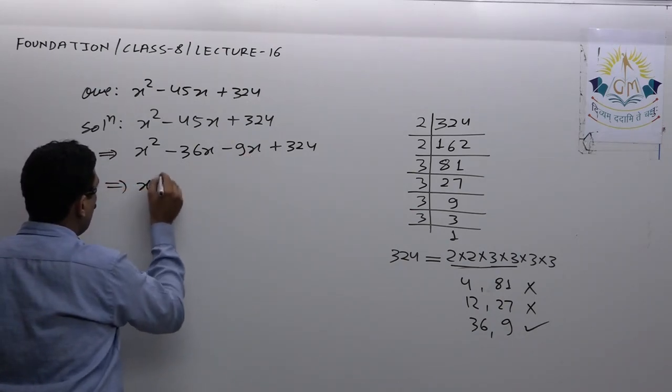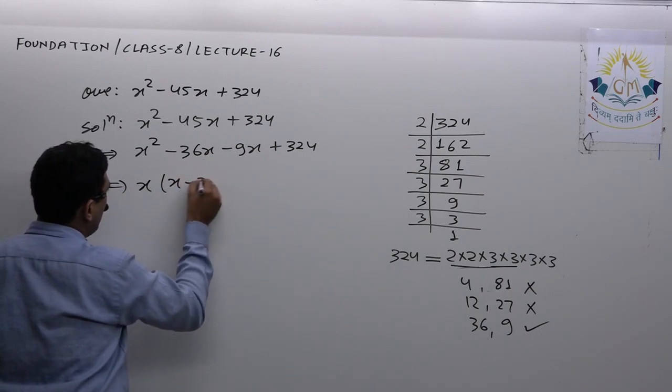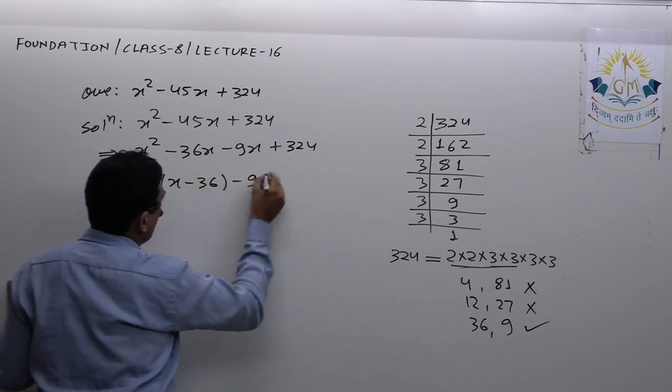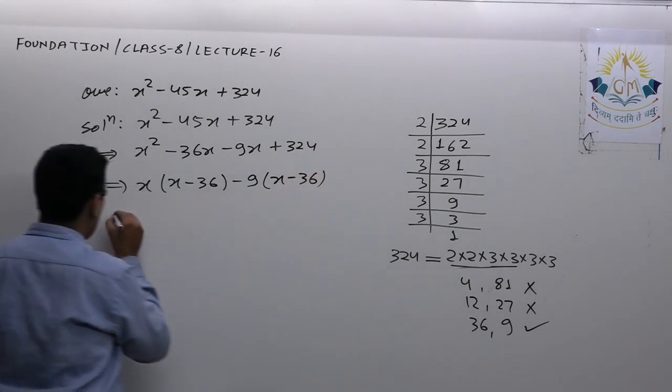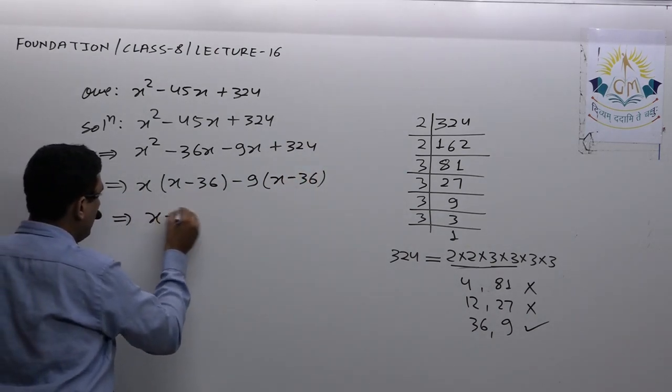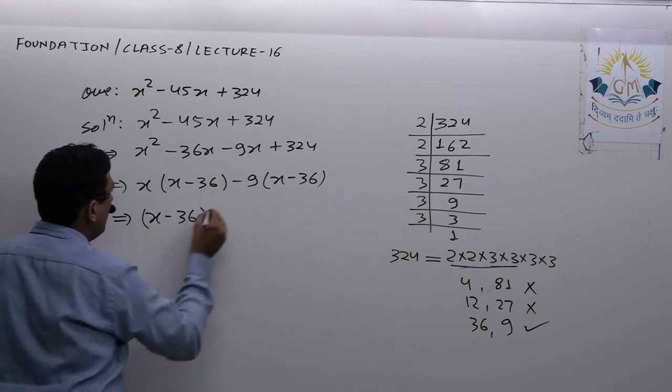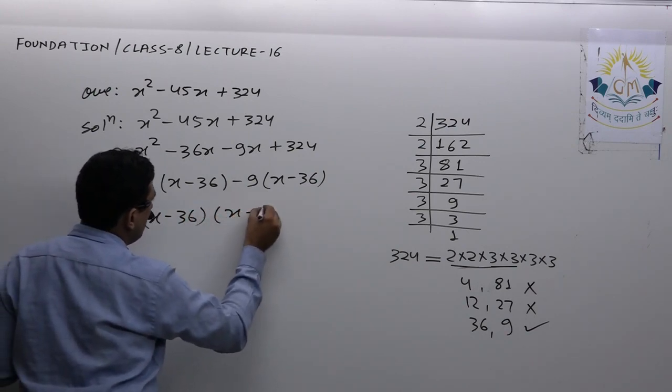Now from these two I can take x common, so x minus 36. From here I can take minus 9 common, so x minus 36. Now this x minus 36 and here x minus 9.